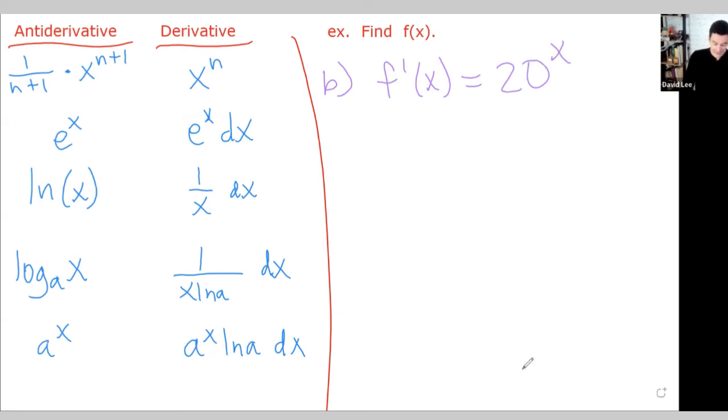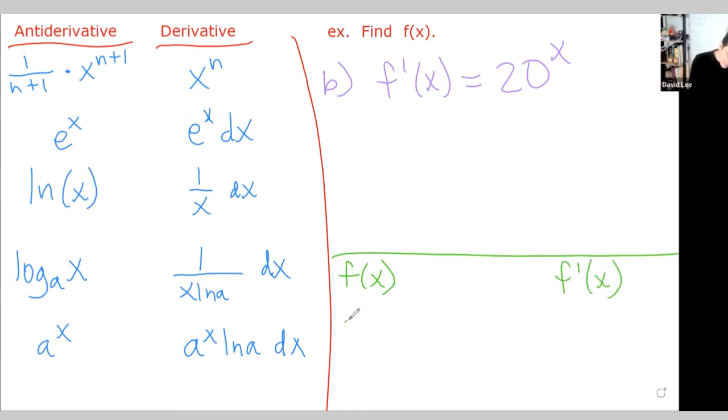So let me make a guess. Because this derivative looks like that, I'm going to guess that my antiderivative is this right here. Okay. So here's my guess. My guess is that the antiderivative is 20 to the x. That's my guess.